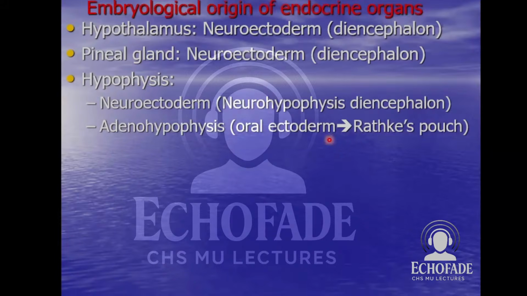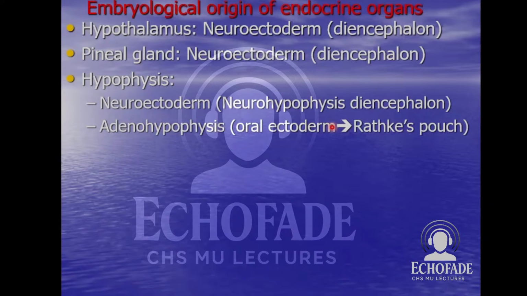Rathke's pouch migrates towards the neural ectoderm and they fuse together to form the gland we refer to as the hypophysis. The neural ectoderm retains its connection to the brain. The adenohypophysis does not retain its connection with the oral cavity.